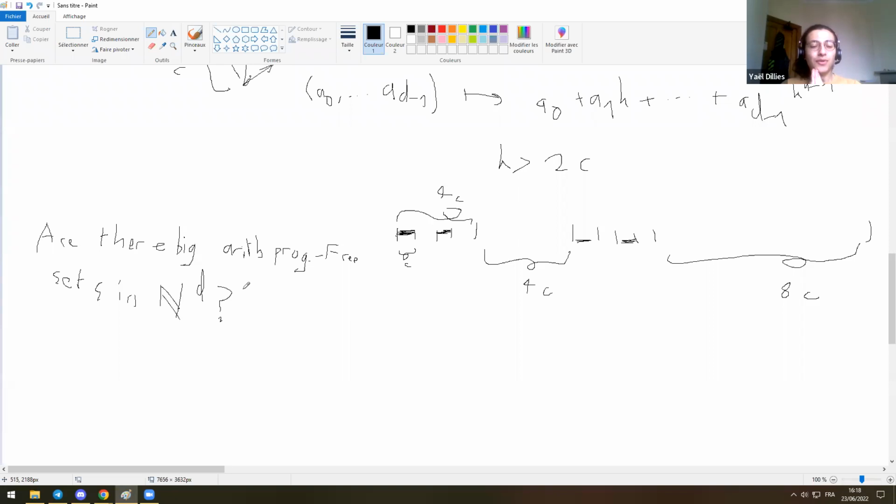Namely, that yes, there is such a set: the sphere. Of course it's not a set in N to the d, but that's a technical issue. If we take a line, it will only hit the sphere in 2 points. And arithmetic progressions form a line. So there is no way we can have an arithmetic progression on the sphere, because that would be 3 different points of a line on the sphere.